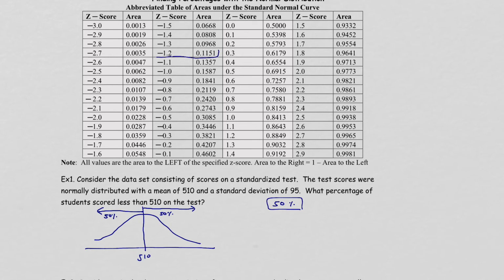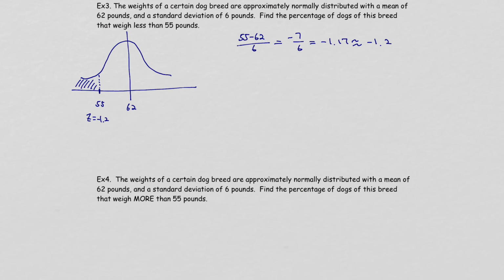Negative 1.2 is right here, which gives 0.1151 as the probability. When you change that to a percentage, it will be 11.51%. That's the value you got from the table.